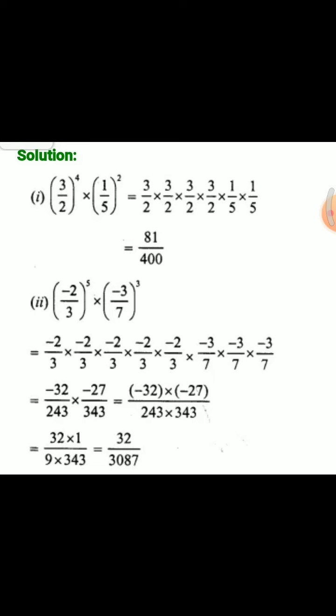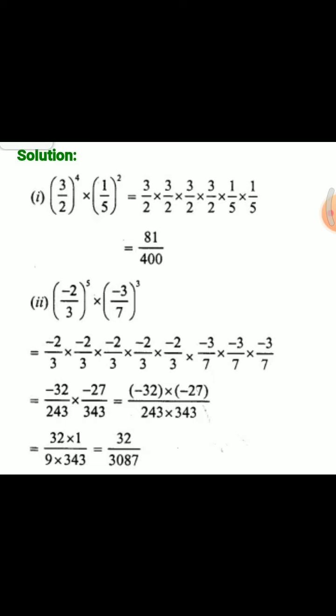Okay. Next, minus 2 by 3 power 5 multiplied by minus 3 by 7 power 3. So you write minus 2 by 3 five times and minus 3 by 7 three times. After that you multiply minus 2 five times, so minus 32 by 3 five times, so 243.